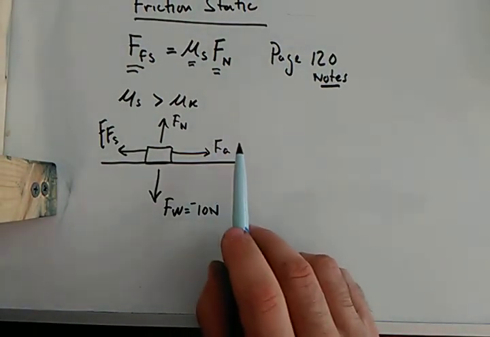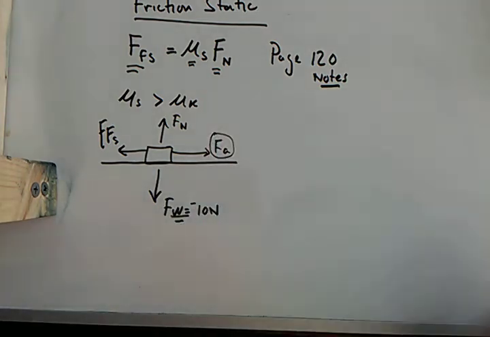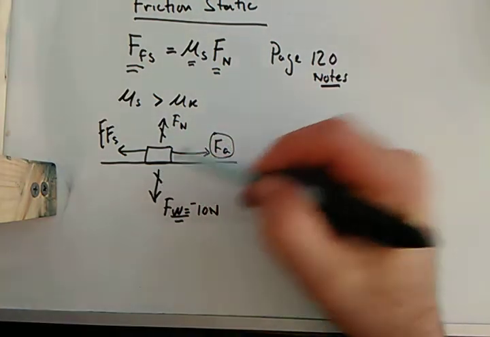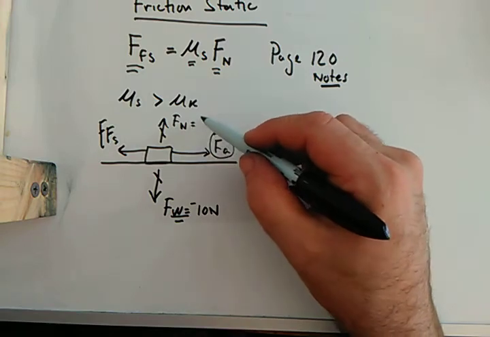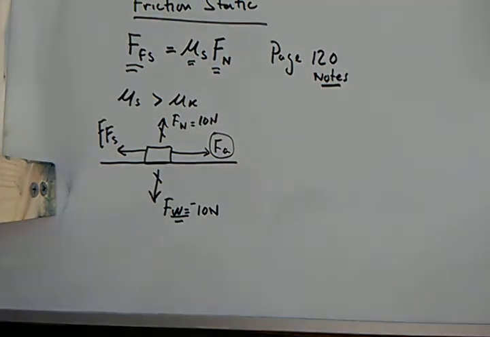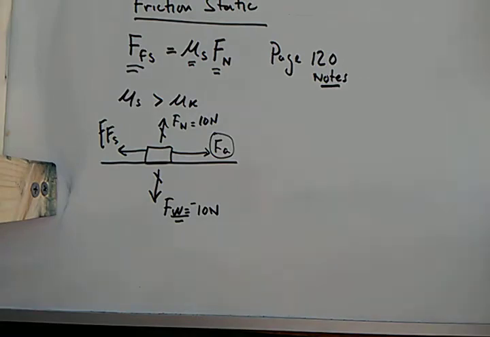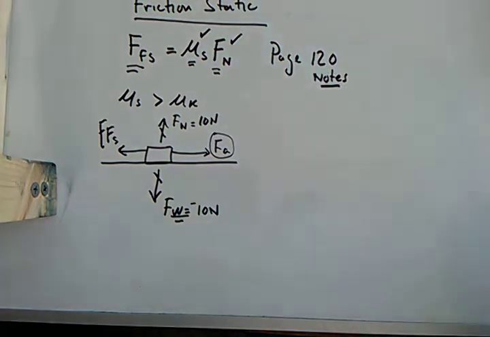In this problem, I'm not going to get into what this is, but you'll have to understand that the normal force is the same as the weight in the opposite direction. So the normal force is 10 newtons. If the normal force is 10 newtons, I've got it. If I tell you what surfaces we're looking at, you've got it as well.